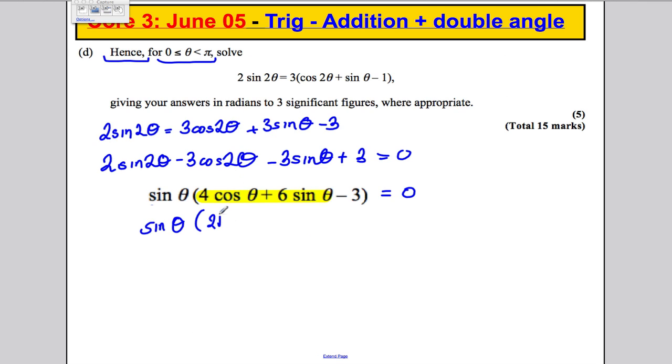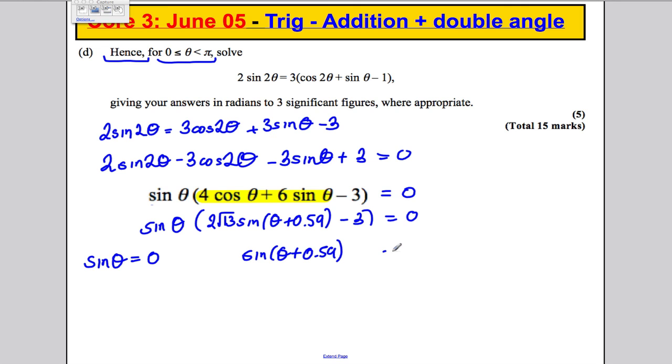So this is 2 root 13 sine theta plus 0.59, subtract 3 is 0. So on the one hand, a set of solutions are sine theta is equal to 0, and on the other hand, a set of solutions are sine theta plus 0.59 would be equal to 3 over 2 root 13.